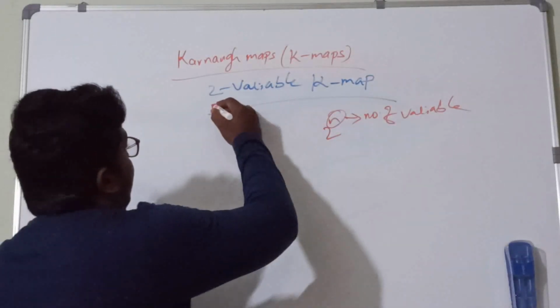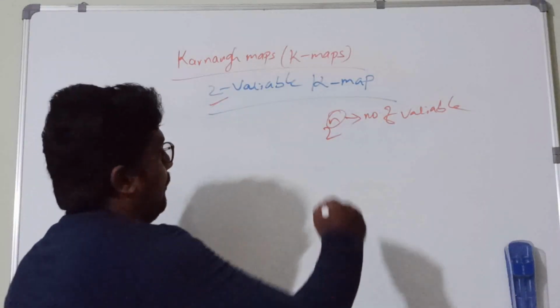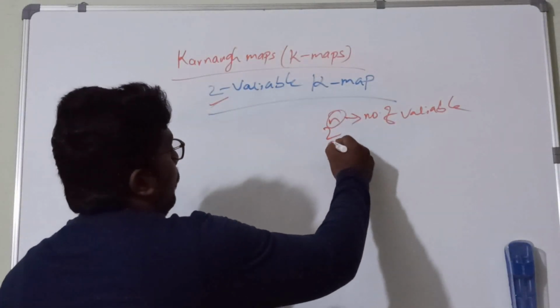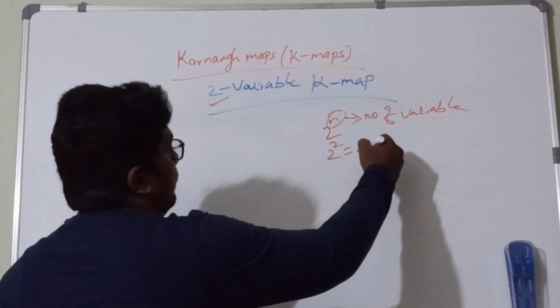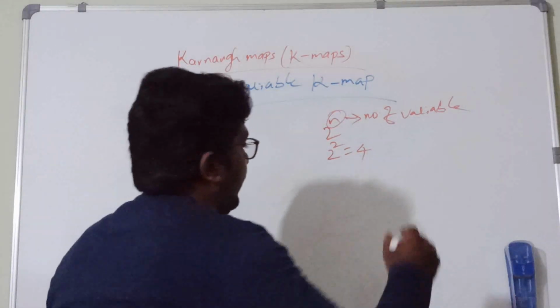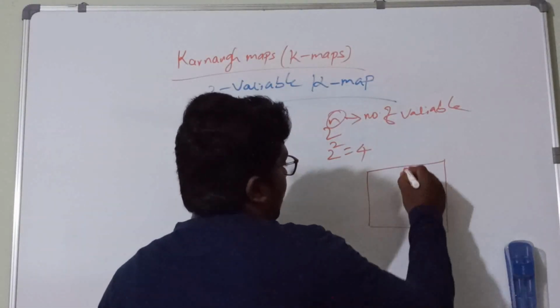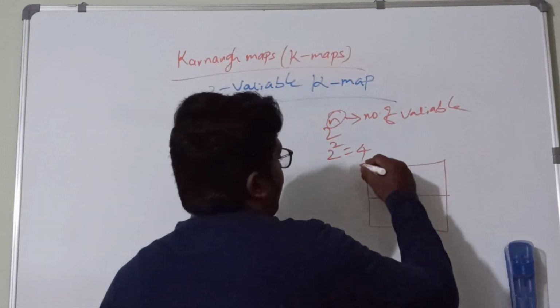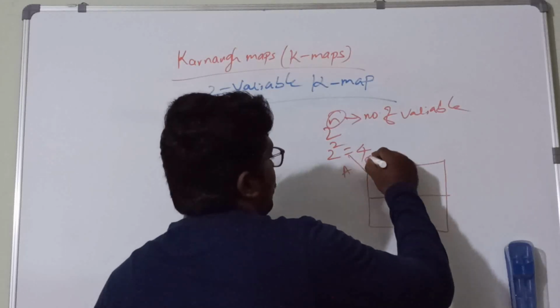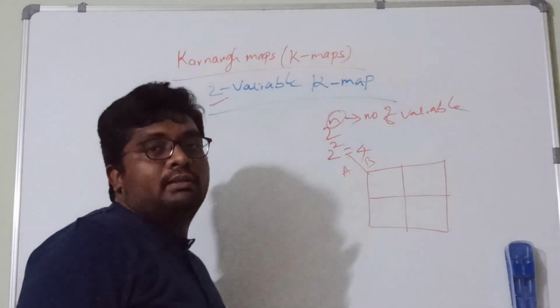For a 2 variable K-map, we have 2 power 2, that is equal to 4 squares, with 2 variables A and B.